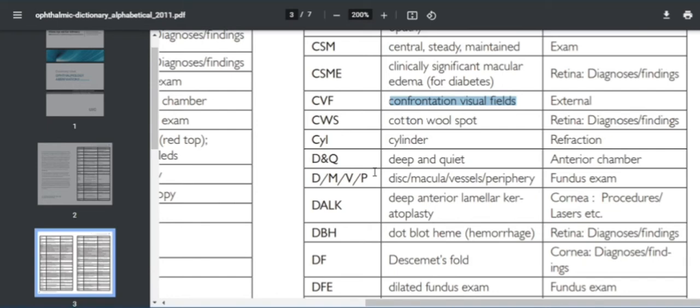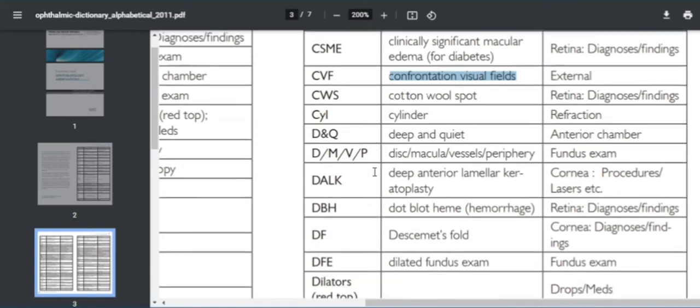DALK, deep anterior lamellar keratoplasty. This is a recent procedure for corneal transplantation, where PK is full thickness corneal transplantation, but in DALK the Descemet's membrane and endothelium remain, and the uppermost layers of the cornea are removed, so the cornea will keep some strength. Now DBH, dot blot hemorrhage, is also seen in diabetic retinopathy cases.